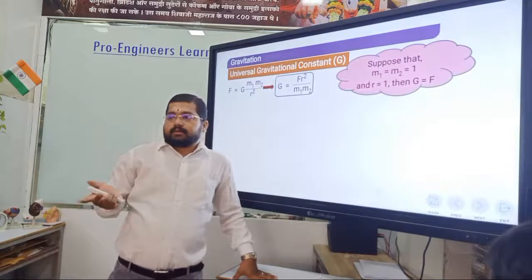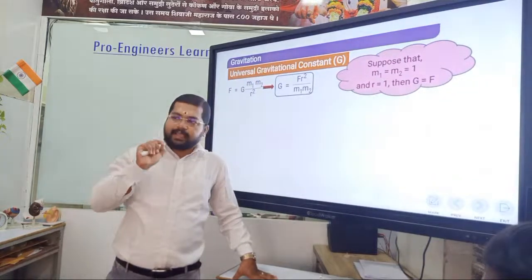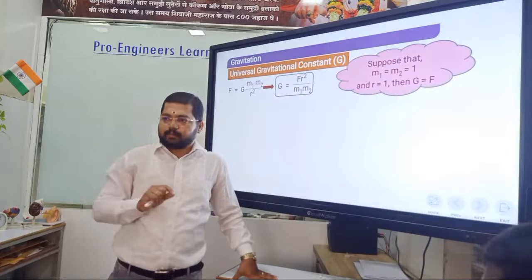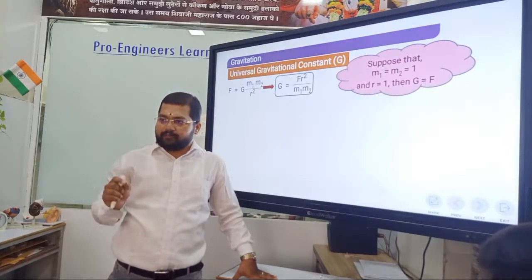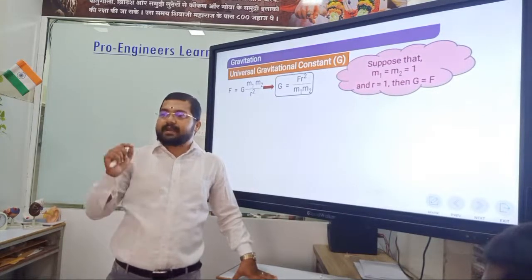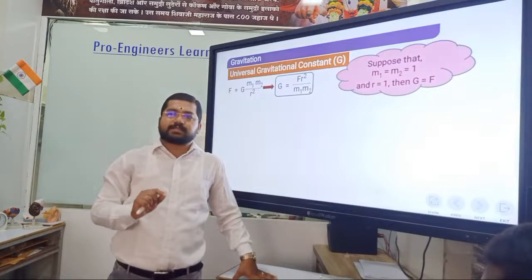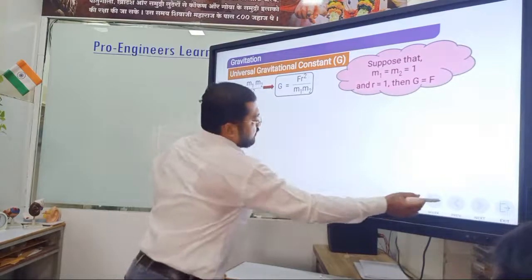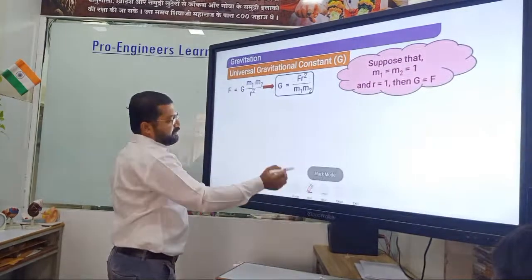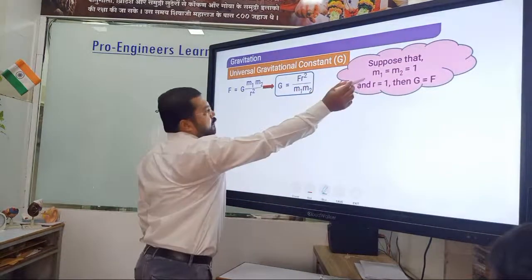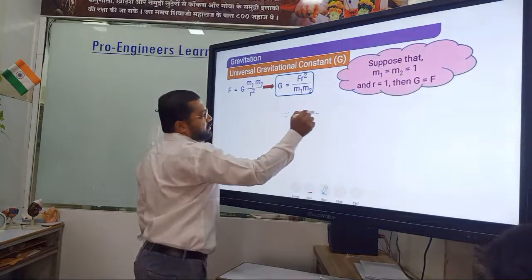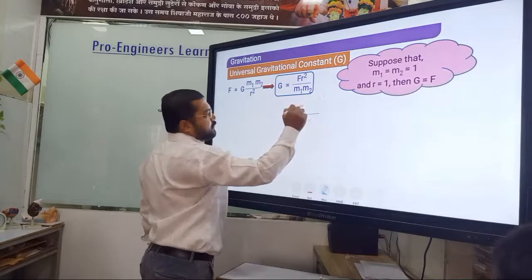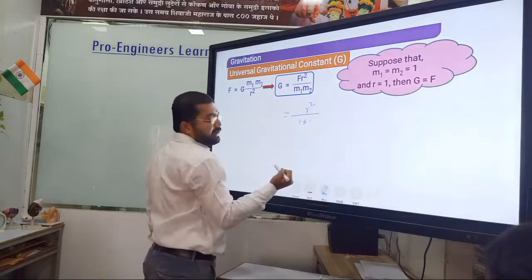Then the options are: 1, G is not equal to F; 2, G is equal to F; 3, G is greater than F; 4, G is less than F. So even though they have asked you to put the values m1 m2 as 1 into 1 and r is 1, so r square was here.